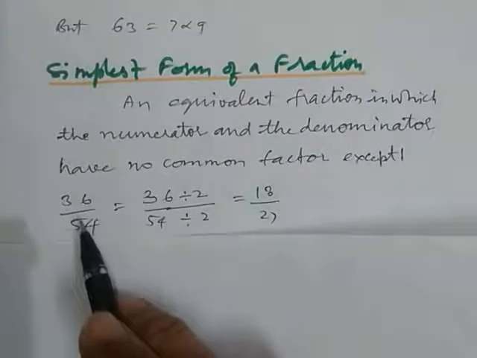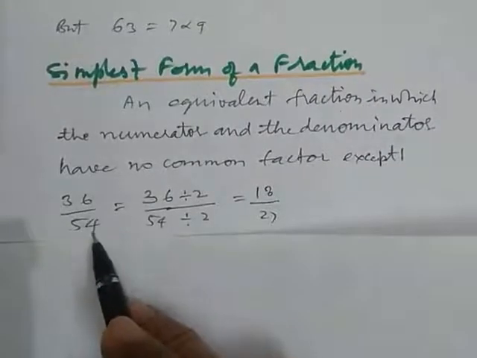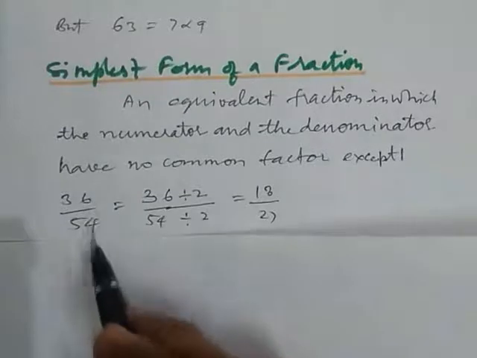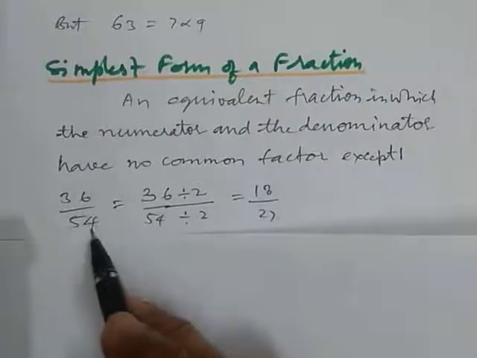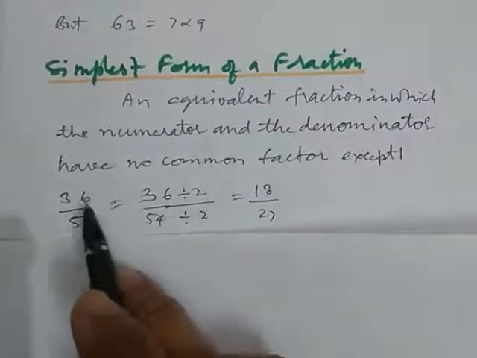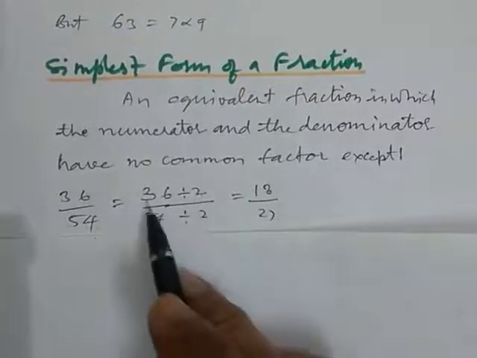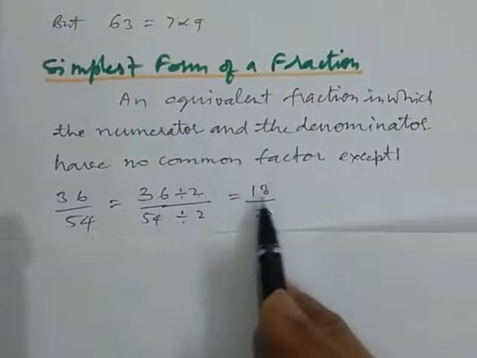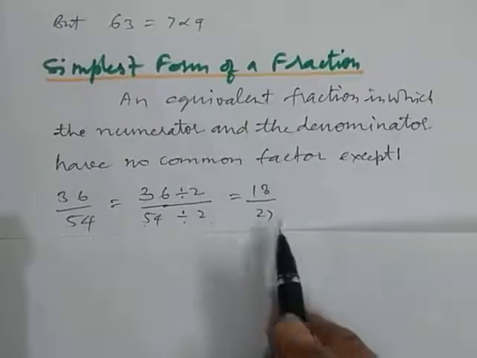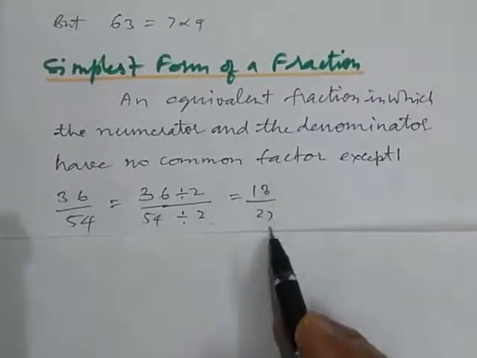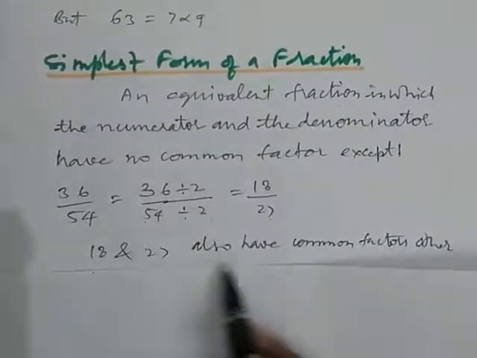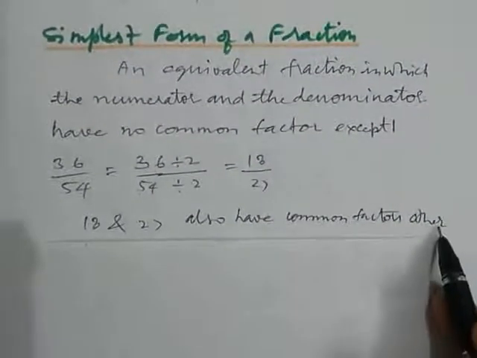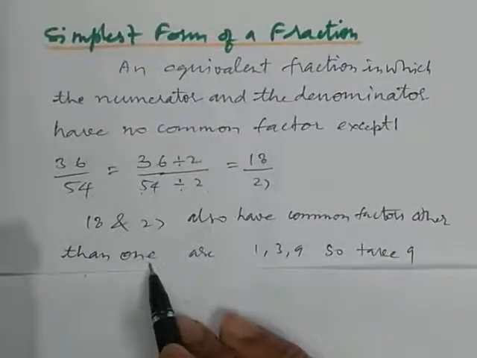Here we know that 36 and 54 have some common factor. Both are even, so we start from 2. We divide both by 2. We get 36 divided by 2 is 18, 54 divided by 2 is 27. Now again we find that 18 and 27 also have common factors other than 1.